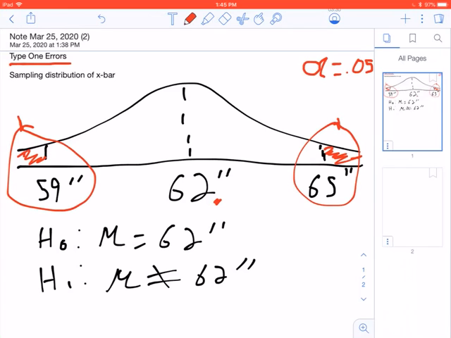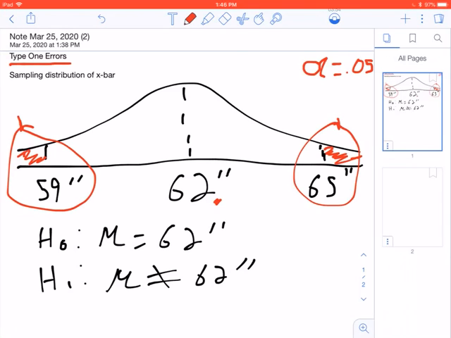if we get a test statistic that lands in one of these red regions, we're going to say, Mr. Sariola, the probability, or the p-value, that we get a test statistic that lands this far away from 62 inches is so small that it probably didn't just happen due to random chance. We didn't get this sample statistic due to random chance.